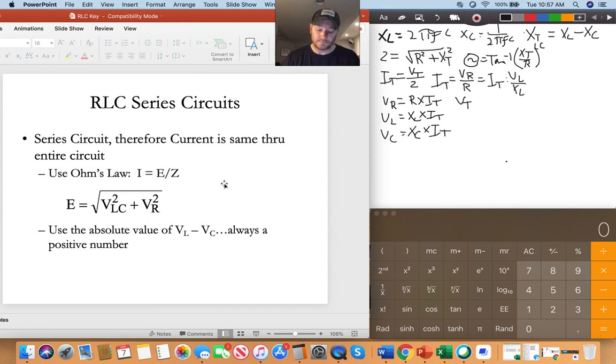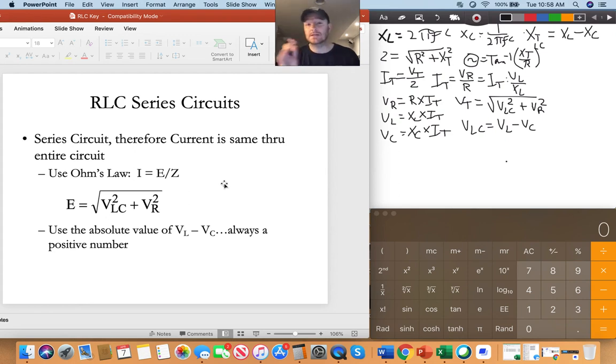Voltage total equals the square root of V LC squared, where V LC is the voltage across the inductor minus the voltage drop across the capacitor, plus the voltage across the resistor squared. It's all just Pythagorean theorem at this point, with that extra little step of subtracting what is across the inductor by what's going on in the capacitor.